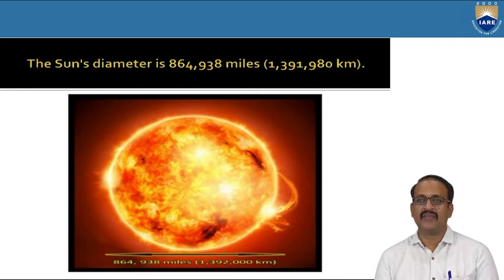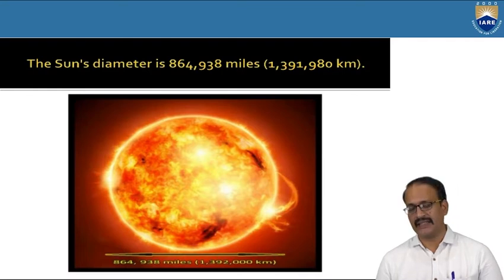So that is the diameter of the sun. That much huge it is.